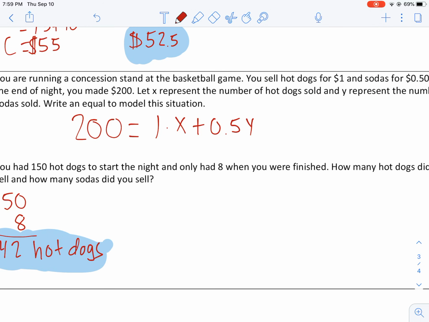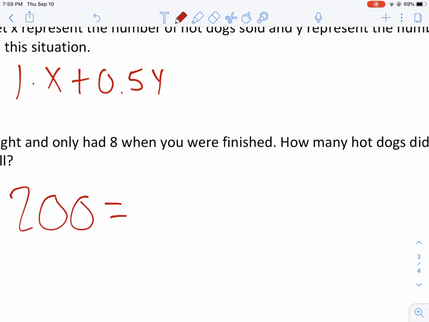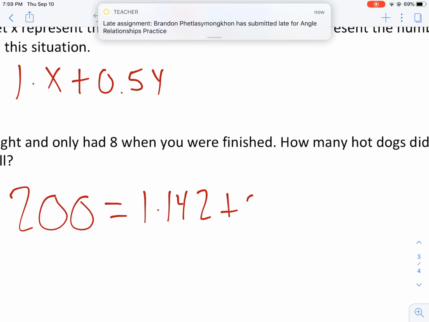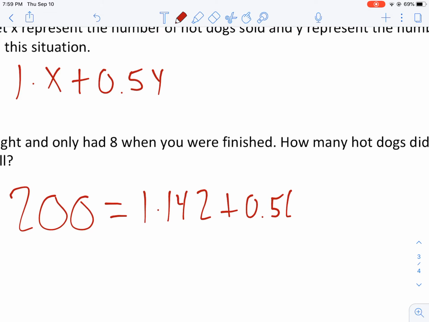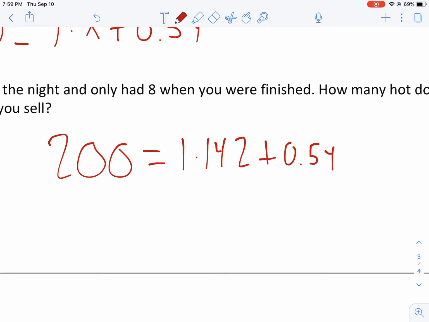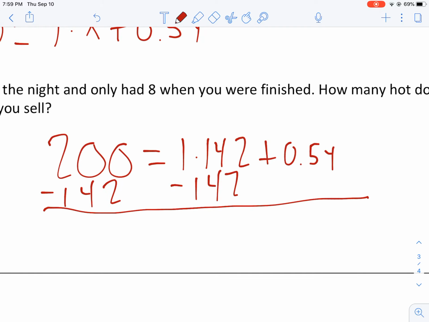So we have 200 equals 1 times 142 plus 0.5 times y. So 1 times 142 is just 142. I'm going to subtract 142 out because that's how much money we made off the hot dogs. What does that equal? That equals 58.